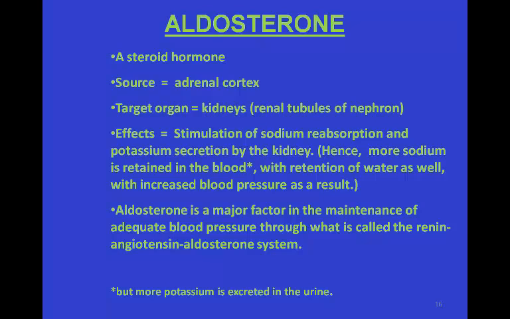It turns out that aldosterone is a major factor involved in maintaining the blood pressure. By maintaining blood pressure, I mean that if something occurs to make the blood pressure drop below normal, it's brought back up to normal largely by the action of aldosterone through what we call the renin-angiotensin-aldosterone system.